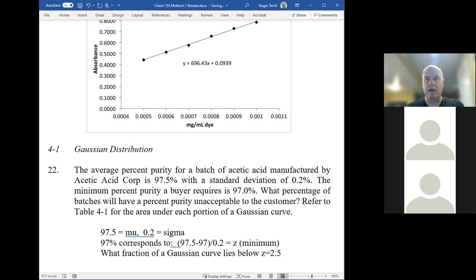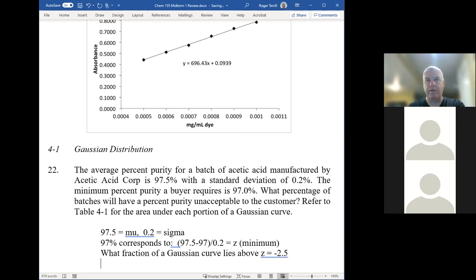Or we could say what lies above Z equals minus 2.5. That's maybe a better way to put this, right?